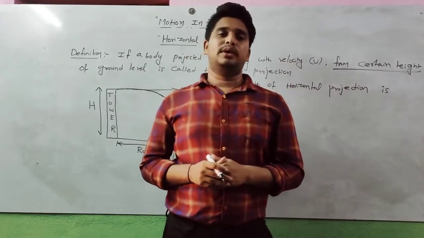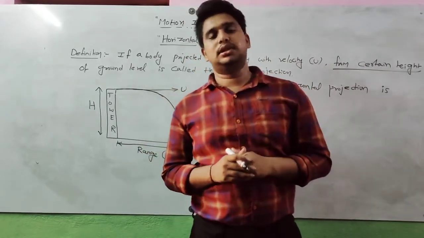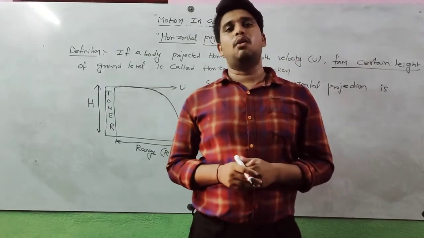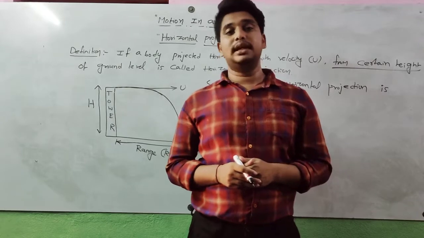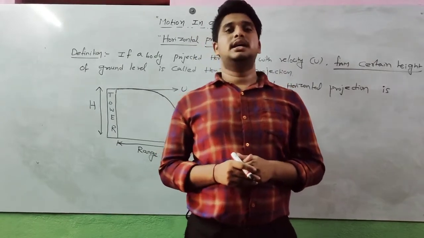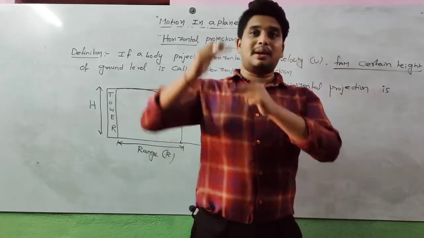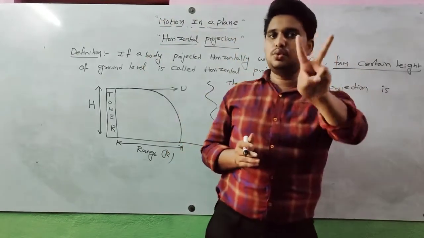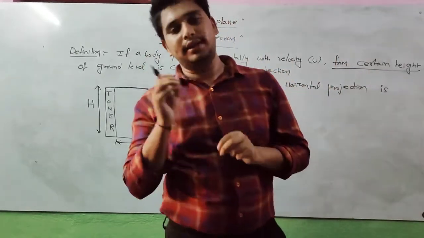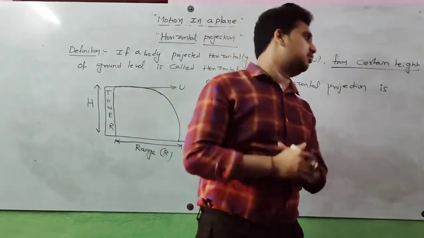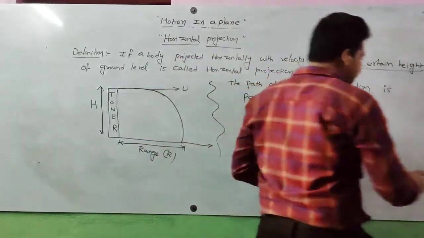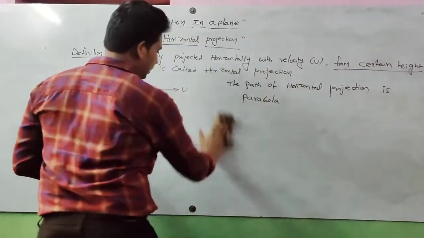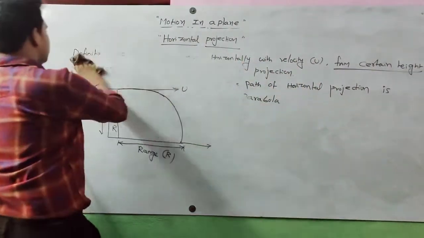First we discuss horizontal motion, and after that, vertical motion, because the body is projected horizontally with velocity u from a certain height.